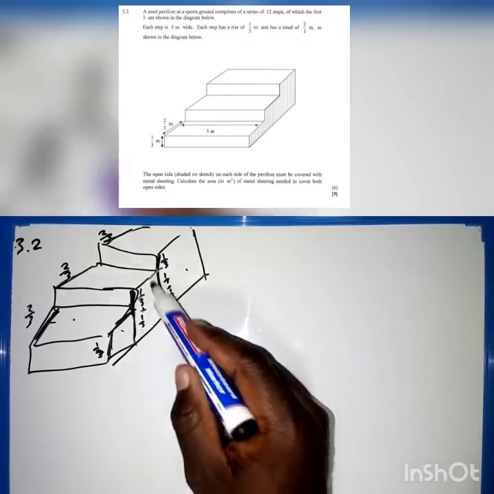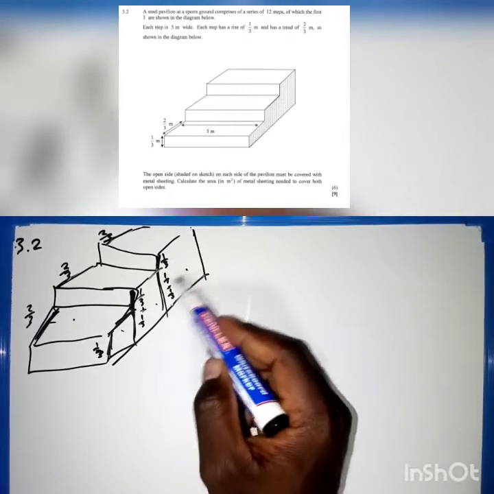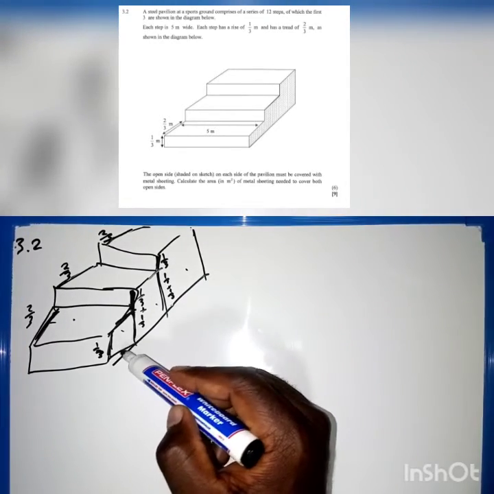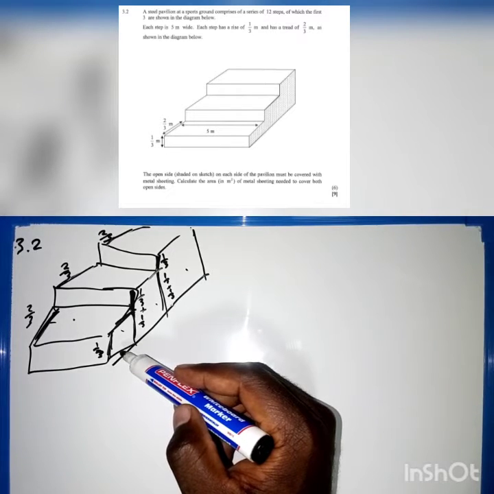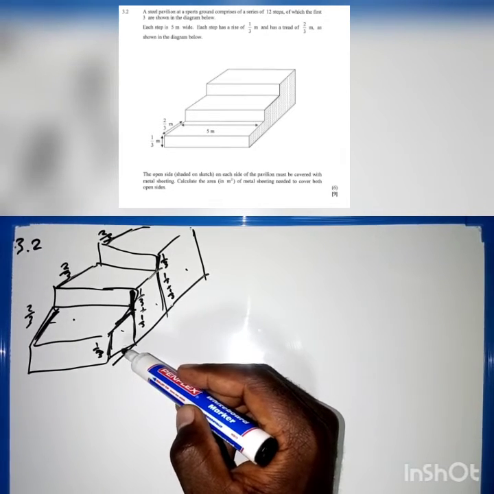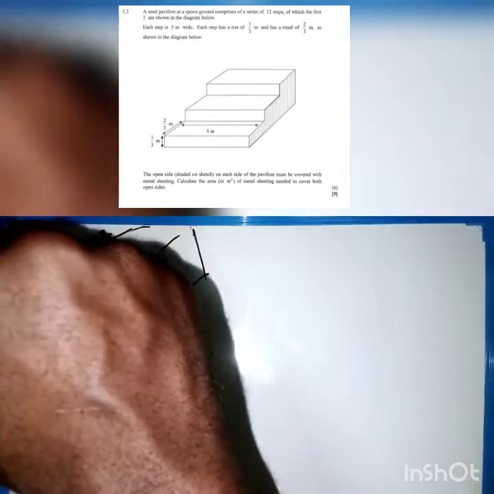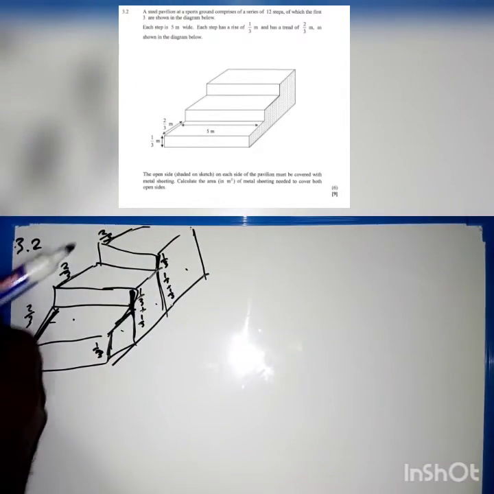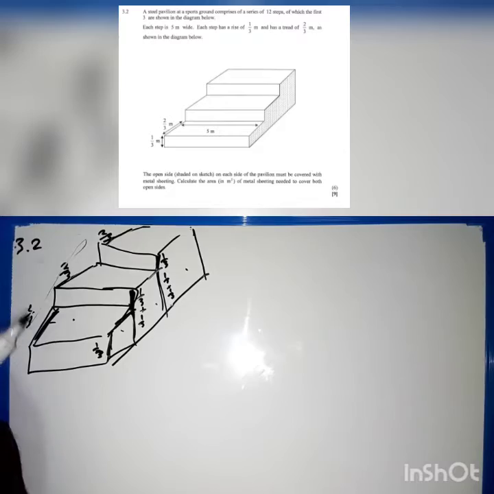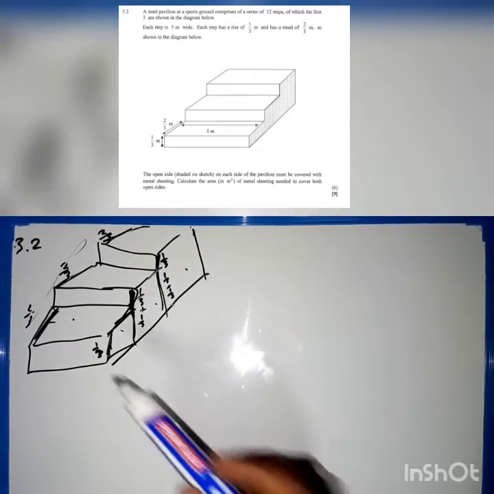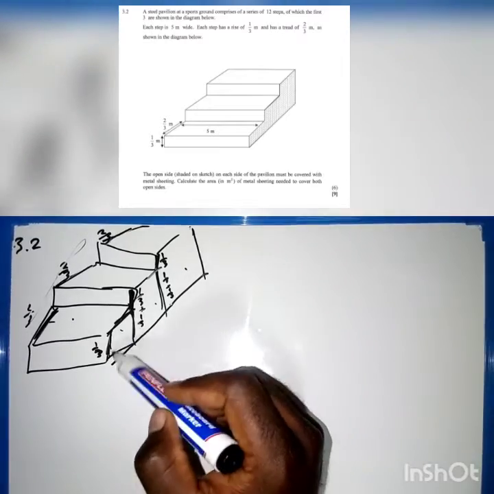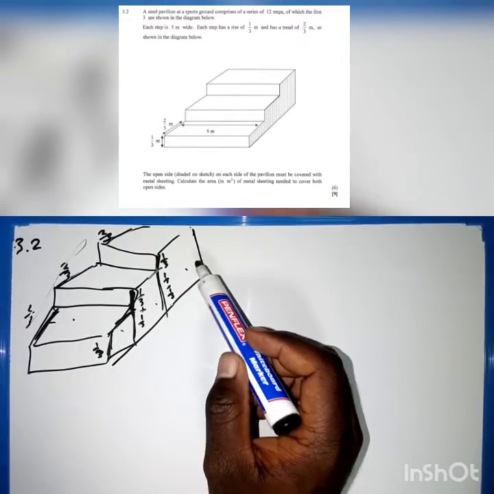So this area must be covered, and this area here must be covered. And then they say calculate the area of metal sheeting needed to cover both sides. So it's this side and the other side that needs to be covered because it's also open. And then they said there are 12 steps, which means we have to find a formula for this first.